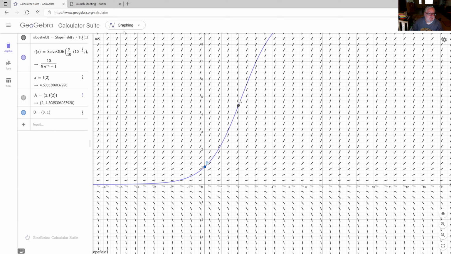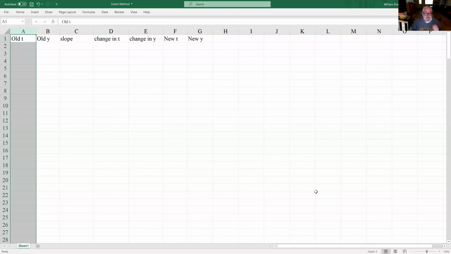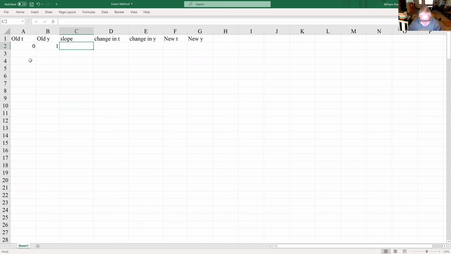Great. So let me shift the screen a little bit, and we'll look at Excel. And Excel is nice because it's easy to actually program in what Excel is. So what we did is we started at 0. We went to 1. What's our slope? The slope is the right-hand side of the equation.